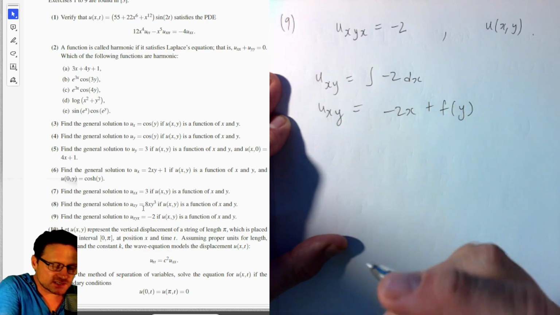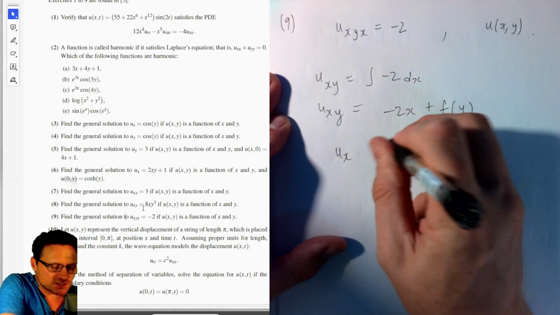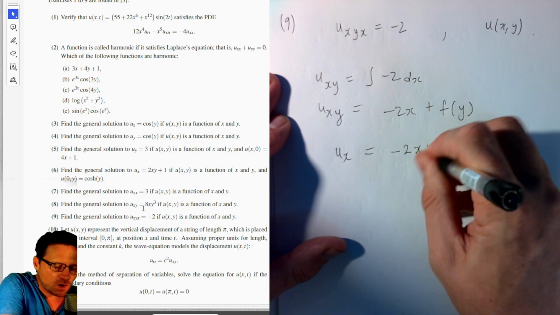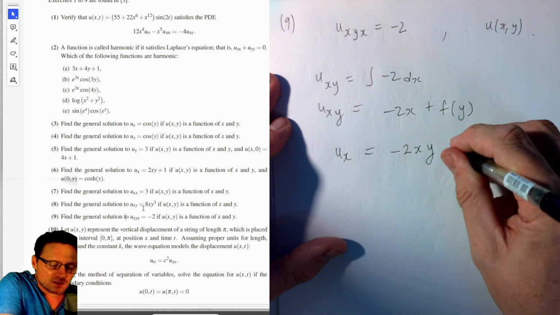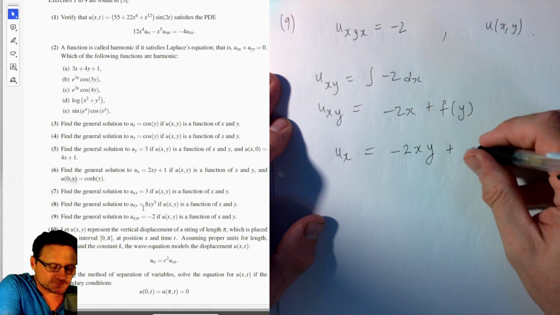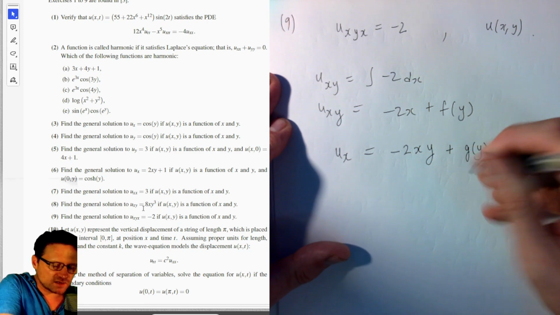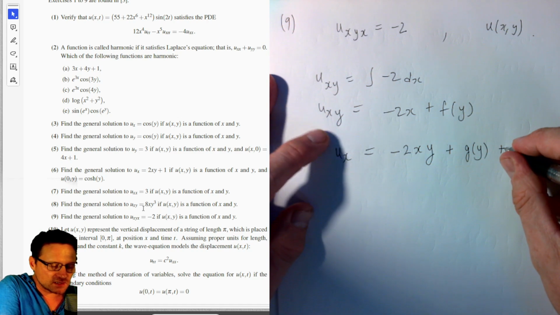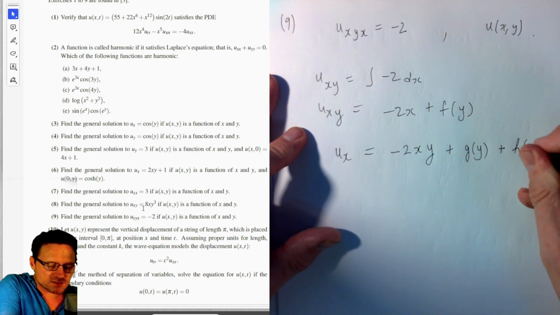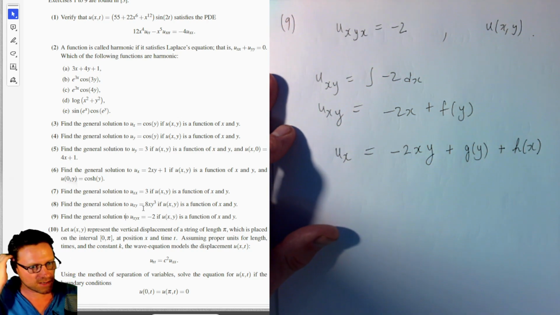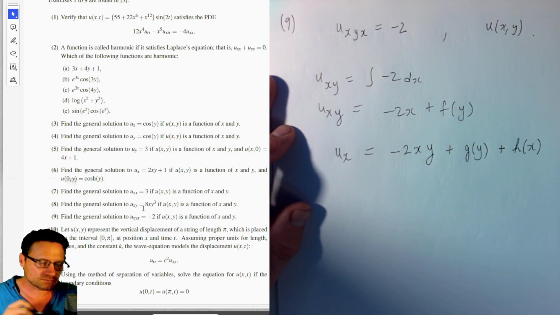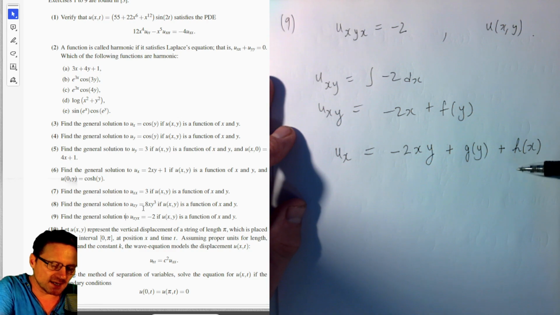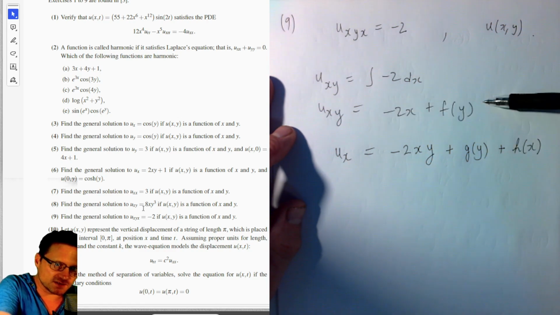Okay, now integrating this line with respect to y partially gives us ux is -2xy plus some function g of y being the integral of f of y plus, what is the other letter? X. So plus some other function of x. So that if you take this line and differentiate partially with respect to y, this is what you get.